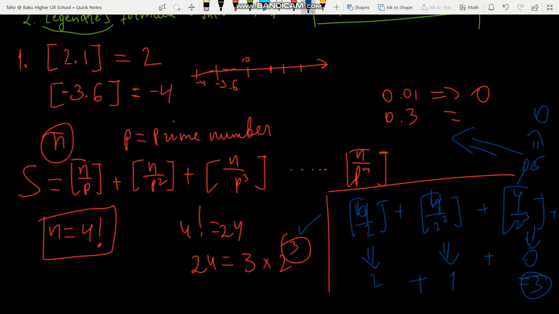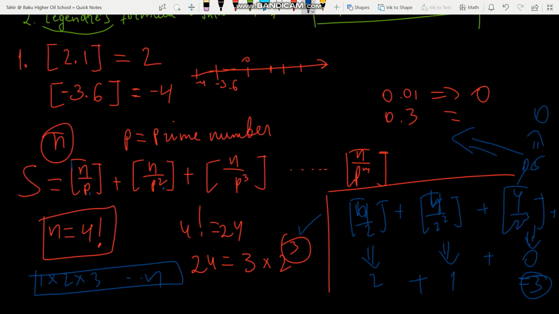First of all, we here are trying to find how many numbers in our factorial number will be divided by p. And in the second part, we try to find how many numbers in n factorial, which is 1 multiplied by 2 multiplied by 3 until n, will be divided by p square and p cube.